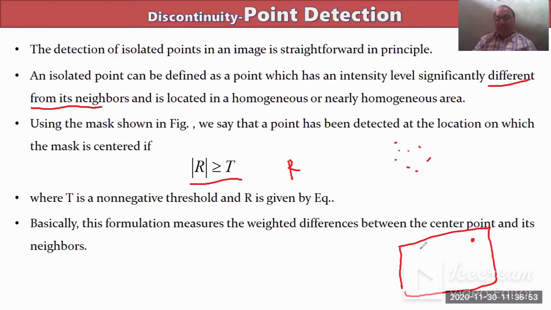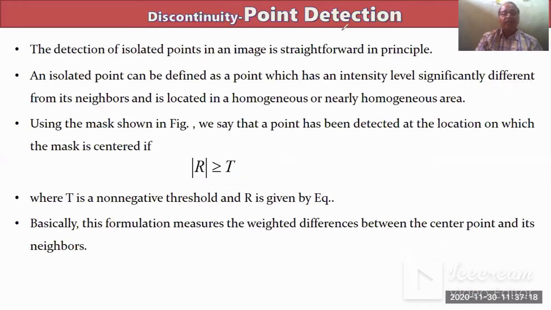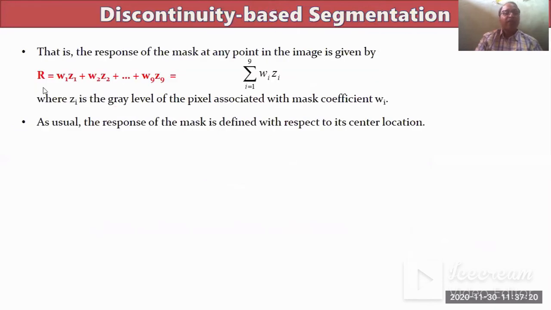That means when we sum these 8, sorry, these 9 values, compared to the 8 neighbors, the R value must be different, or greater than the threshold. We calculate the value and it must come out greater than the threshold, and that is also called an isolated point. So when we use the mask, we calculate the value of R, and that value is always greater than some threshold value.